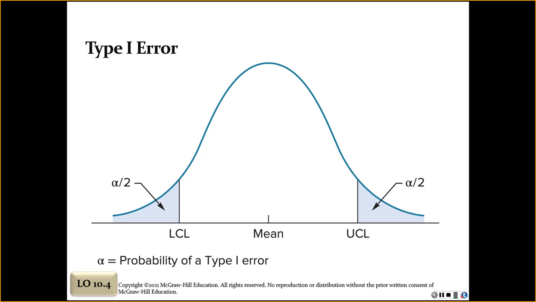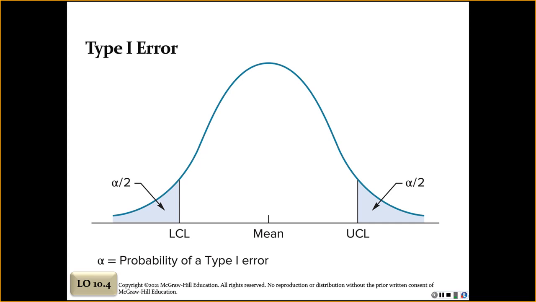So we have things called the type 1 error and type 2 error. The type 1 error refers to the probability that an item is rejected, when it may appear that the process is out of control when it actually is in control. This is what we call a manufacturer's risk.